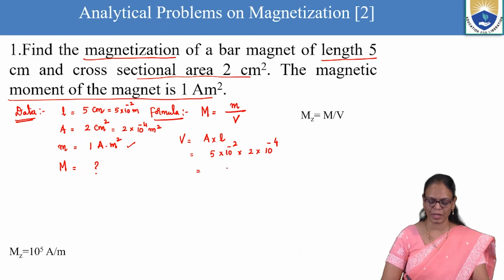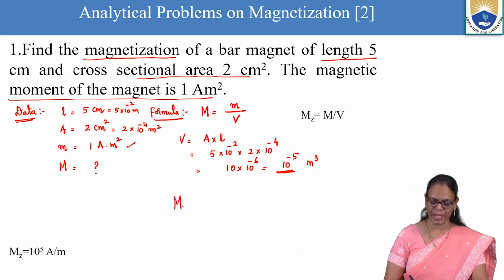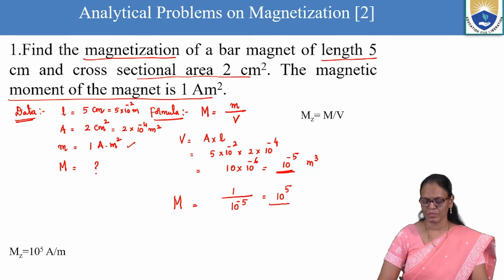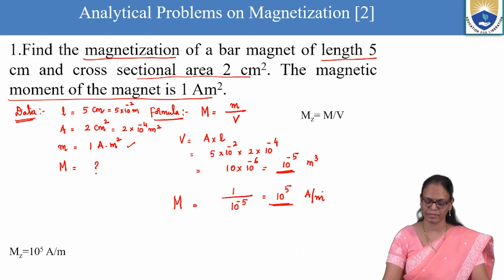This is nothing but 10 into 10 power minus 6, that is 10 power minus 5 meter cube. This is the volume. Now the magnetic moment small m is 1, so 1 by 10 power minus 5. When we take it to the numerator, it becomes 10 power 5 ampere per meter, the magnetization.